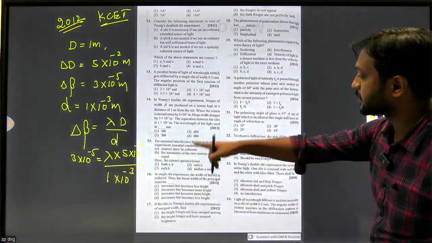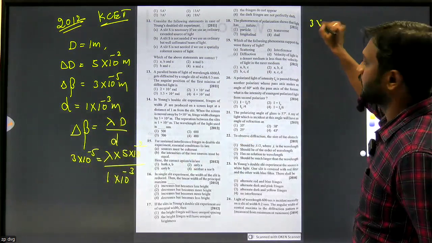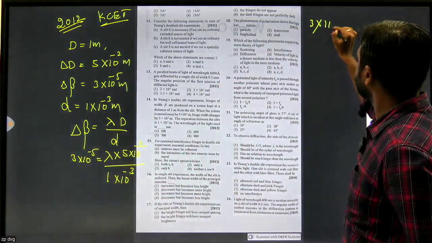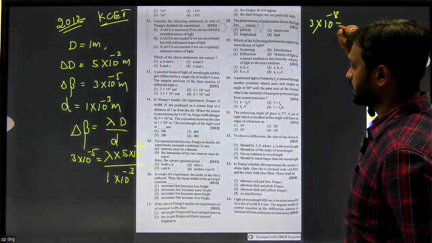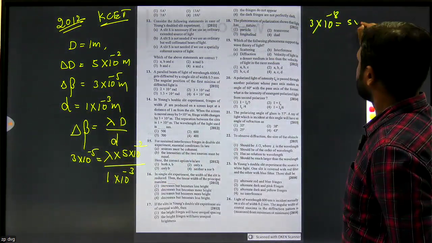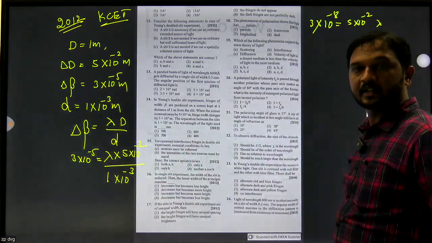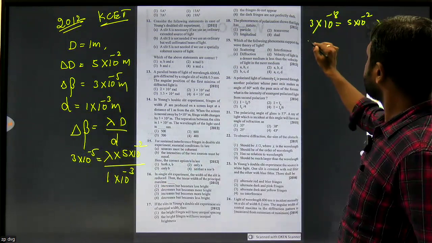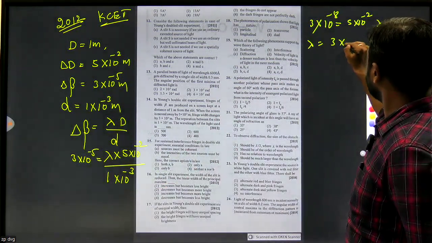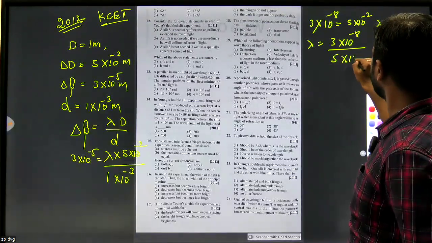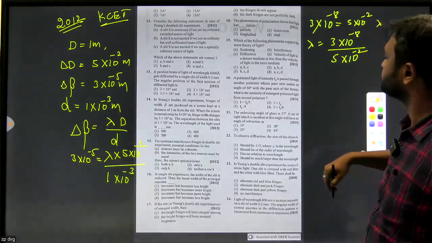So cross multiply: 3 into 10 to the power of minus 5 into 10 to the power of minus 3, that is 3 into 10 to the power of minus 8, equals 5 into 10 to the power of minus 2 lambda. Is it clear? So lambda equals 3 into 10 to the power of minus 8 divided by 5 into 10 to the power of minus 2.